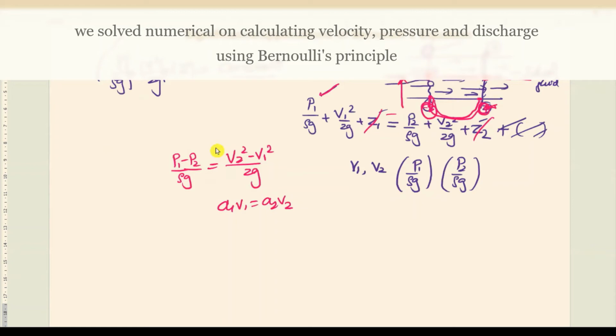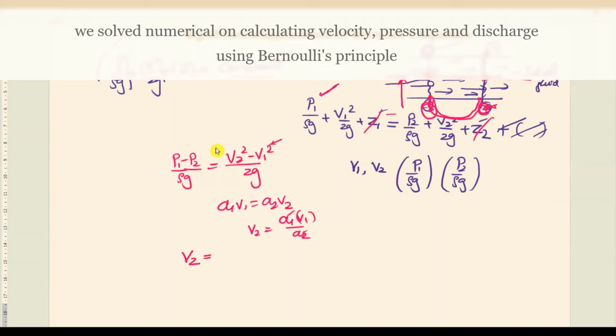I will express V2 in terms of V1 and substitute all the values of A1, A2, and V1 also in terms of V1. You will get V2 in terms of V1, and substitute here. You can calculate the value of velocity at section 2.